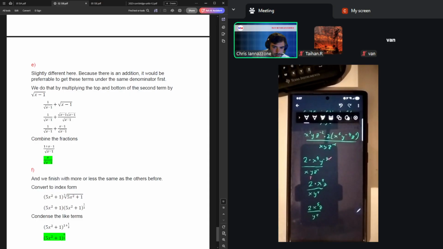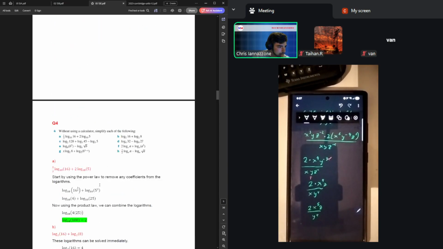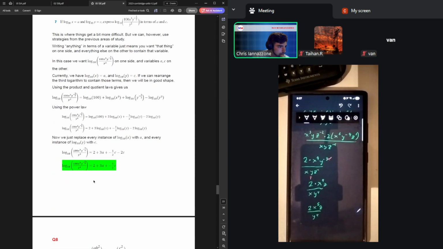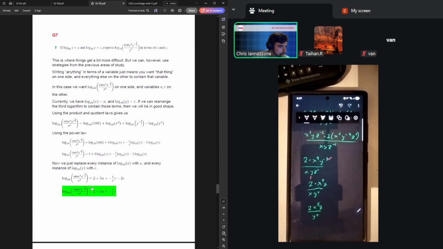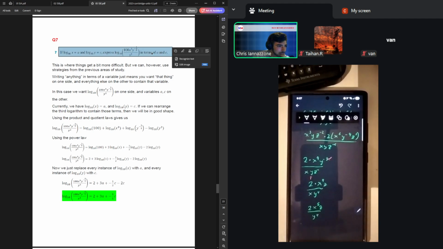Okay, 13E had a bunch, so question 7. Oh, went too far. Question 7. Yeah, okay, that's a monster. Okay. So this is where we're making use of, I believe, no, this is actually going to be all fully log laws, huh?